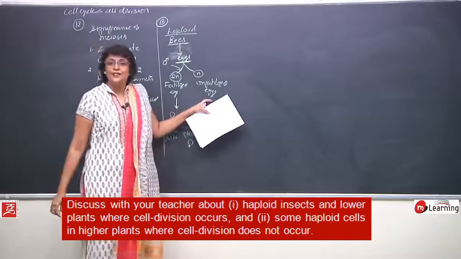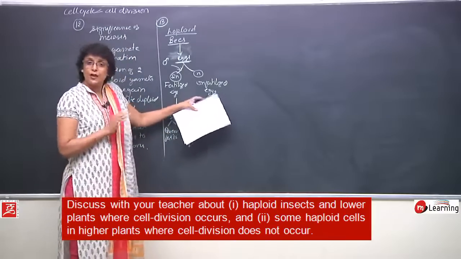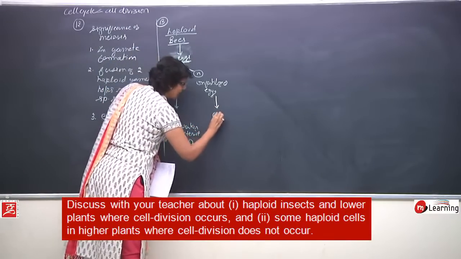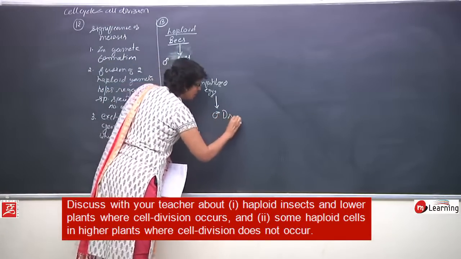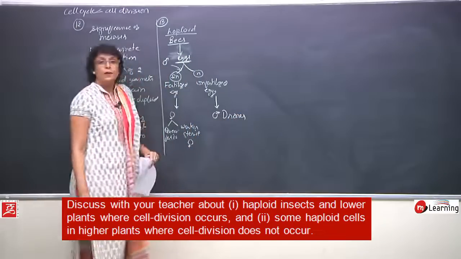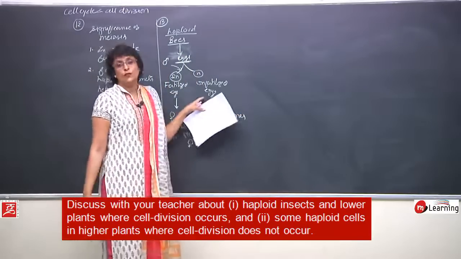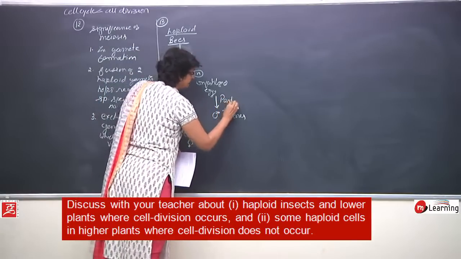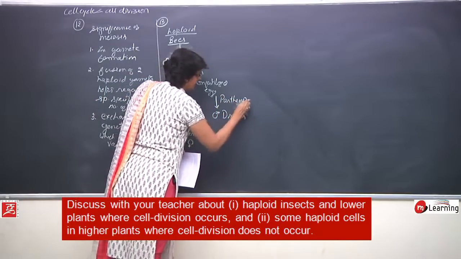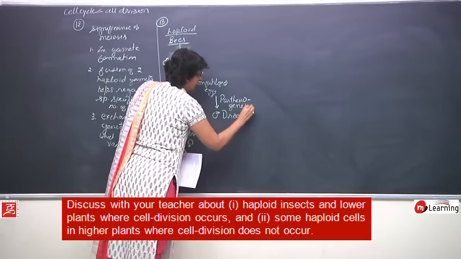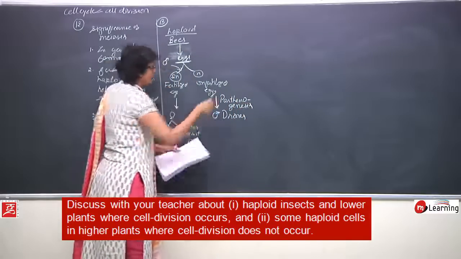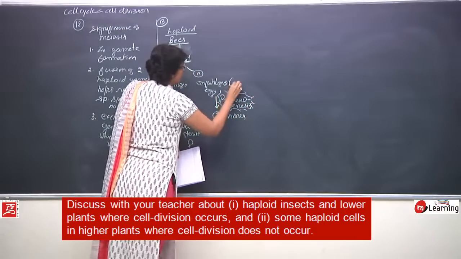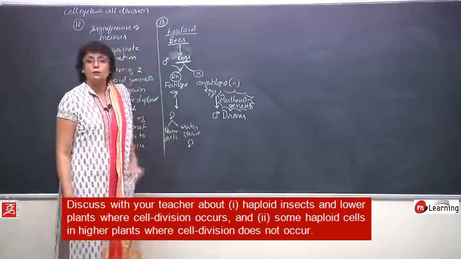What about these unfertilized eggs? They are not fertilized, so they are haploid. They develop into males, and these males are known as drones. Formation of an organism without fertilization is known as parthenogenesis. Now, this unfertilized egg, which is a single haploid cell, gives rise to a complete organism.